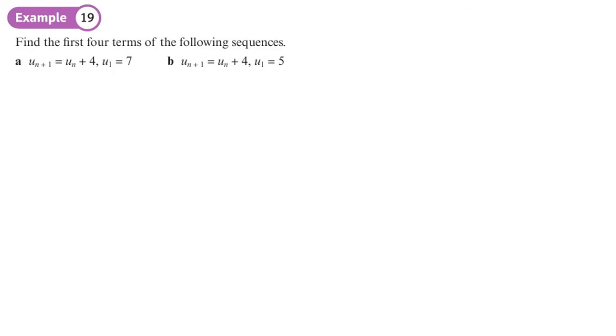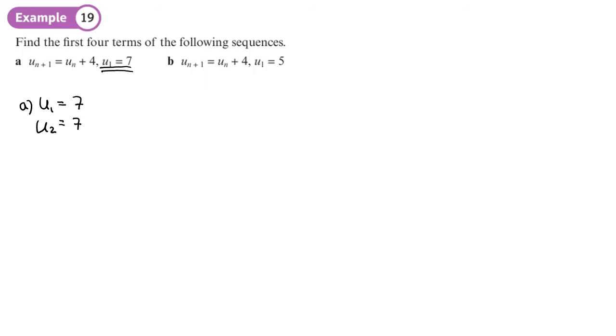Here we're just asked to write out the first 4 terms of the following sequences. So you can see you're given the starting value and you're given the rule. So you have to work out one at a time. So u1 is 7, that's given. u2, well, you take u1 and you add 4 to it.